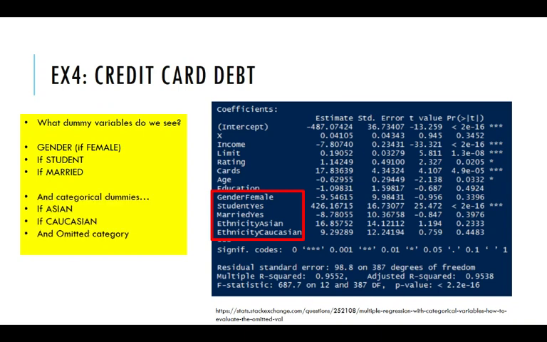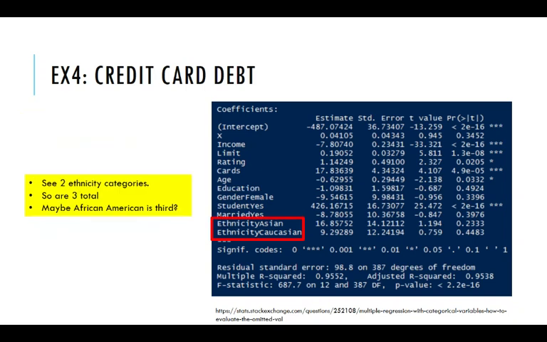And then there's some categorical dummies, right? We've got Asian, if Caucasian, and then there's an omitted category as well. So let's hone in on those categorical dummies. Here we have them right here. So we see that we have two ethnicity categories in our regression model, Asian and Caucasian.